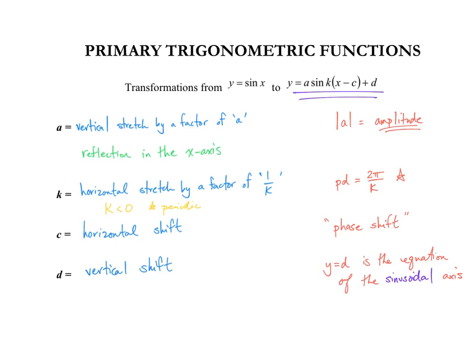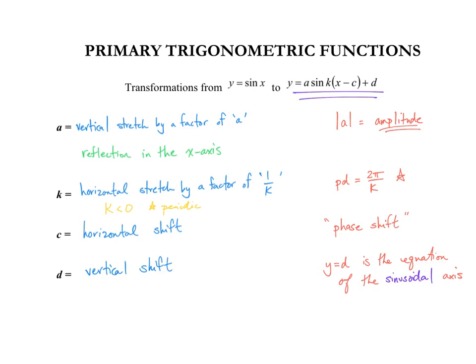And lastly, our d. Because our d value is a vertical shift, and because the middle of every sine or cos graph is 0 horizontally, then whatever we shift it vertically, we're shifting the middle of the curve.